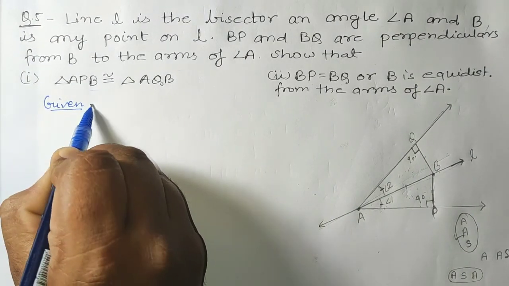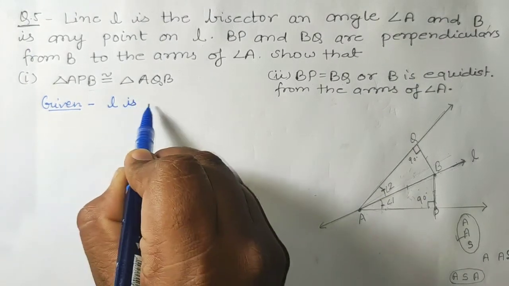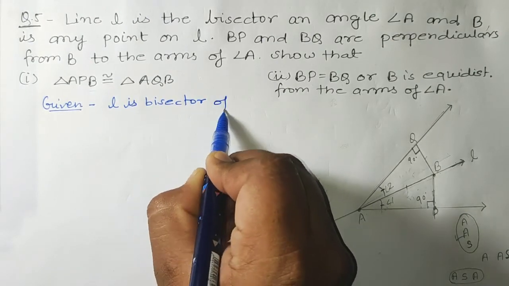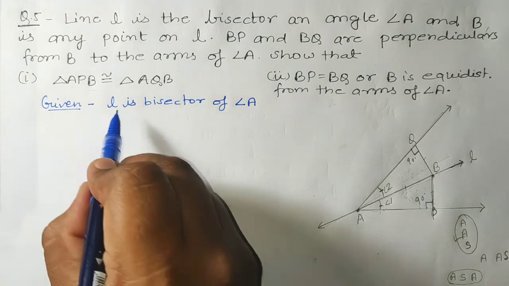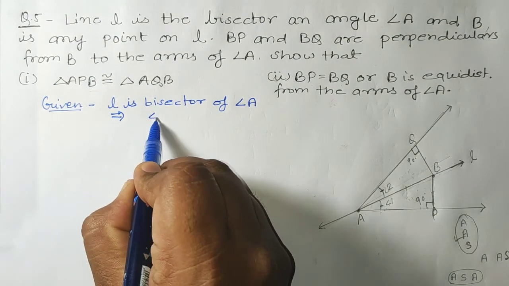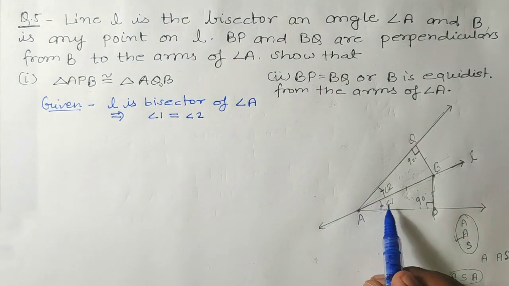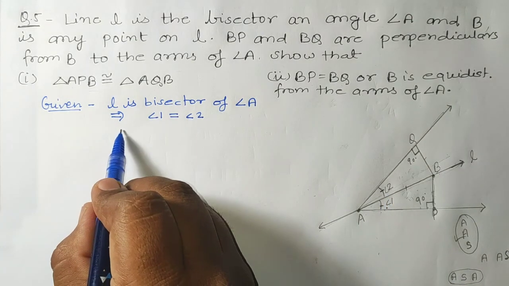The given part of the question: it is given that L is the bisector of angle A. So if L is the bisector of angle A, this implies that angle 1 is equal to angle 2. In the figure we have mentioned which one we have supposed as angle 1 and which one as angle 2. And what else is given?